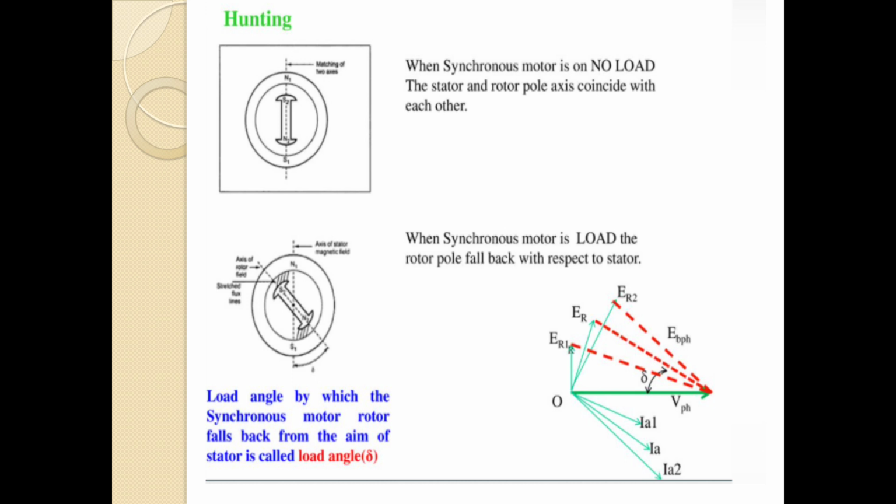If there is a sudden decrease in load, the motor is immediately pulled forward or advanced to a new value of delta. The motor overshoots, hence it again falls back. The way to minimize the effect of hunting is to increase the moment of inertia of the rotating system by putting in a flywheel.